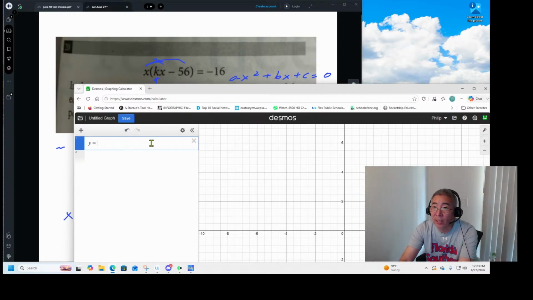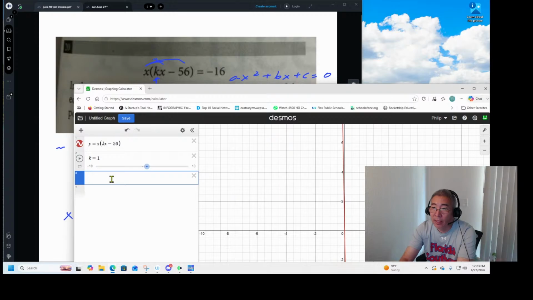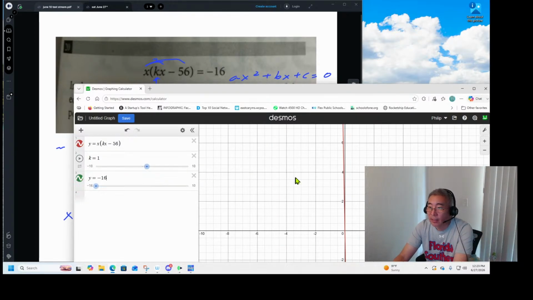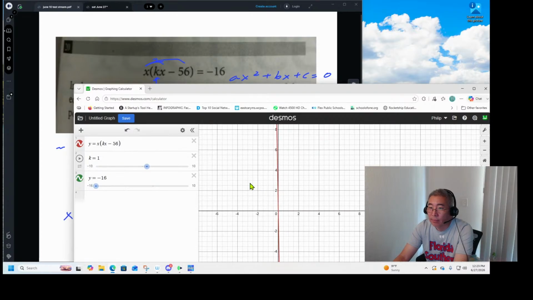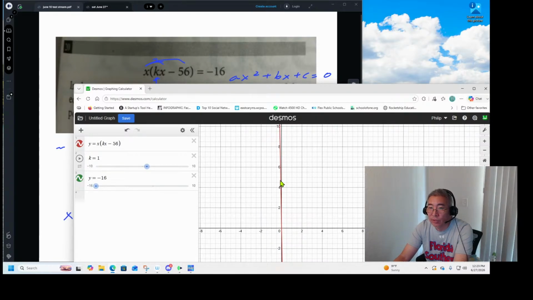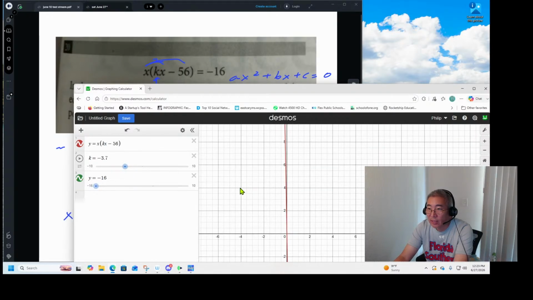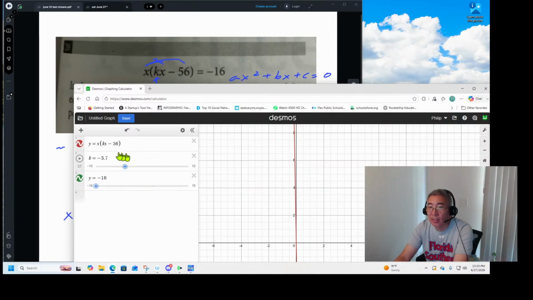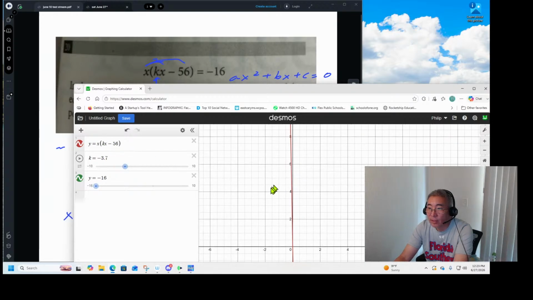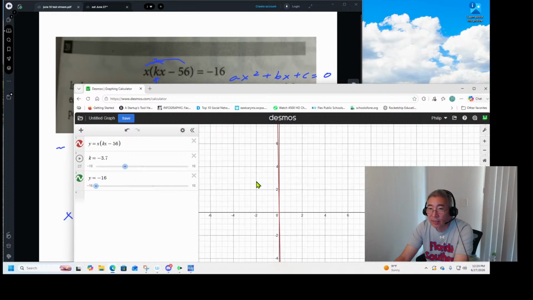So I'll have y equals x times (kx minus 56). I'll add a slider k, and then I will have y equals negative 16, and I will have these two graphs. There's the red graph right there.